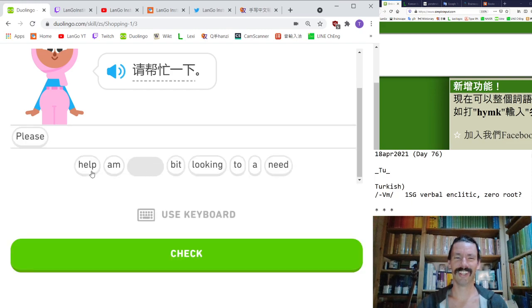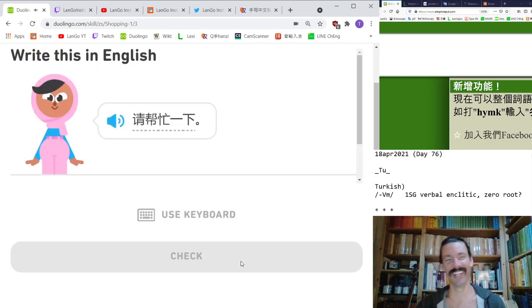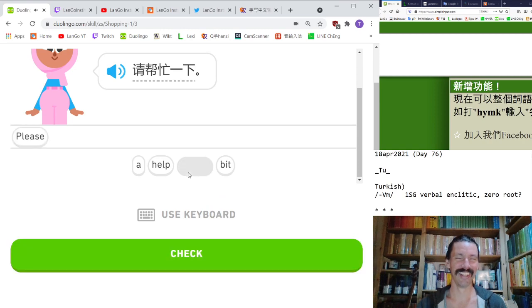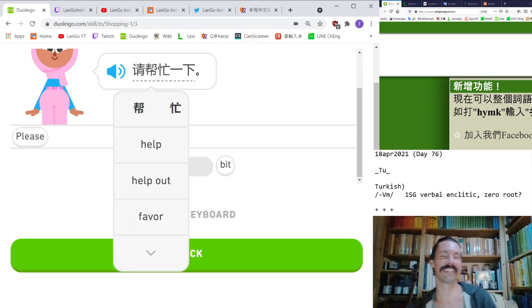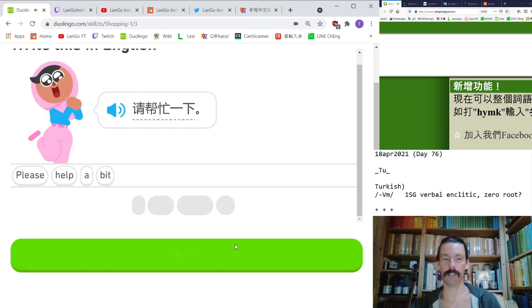Please help a bit. Maybe a little. 请帮忙一下。It's made it insultingly easy for me. I'll still mess it up. Please help a bit. We got that.